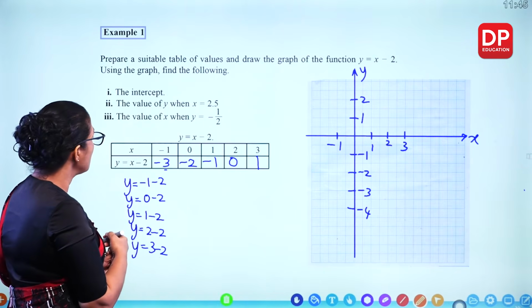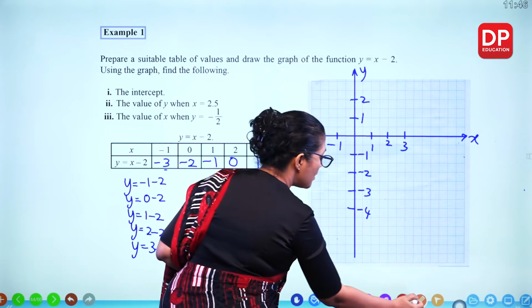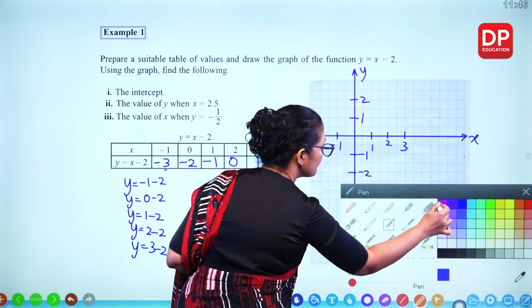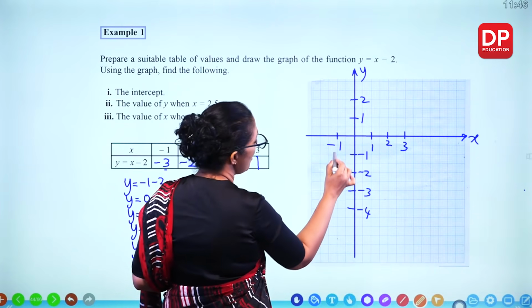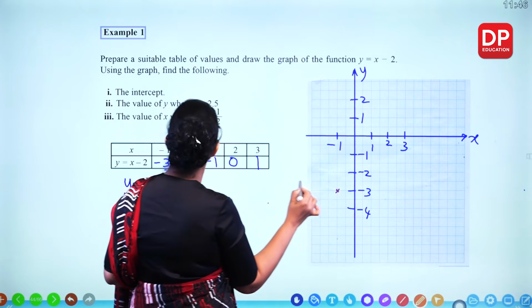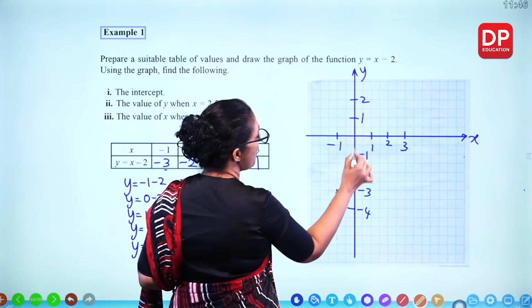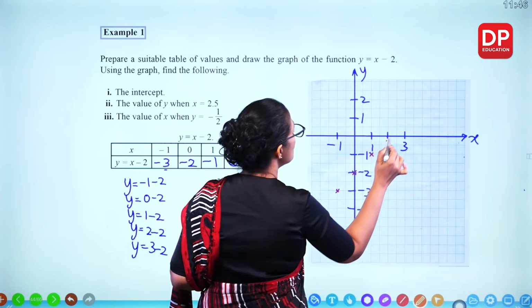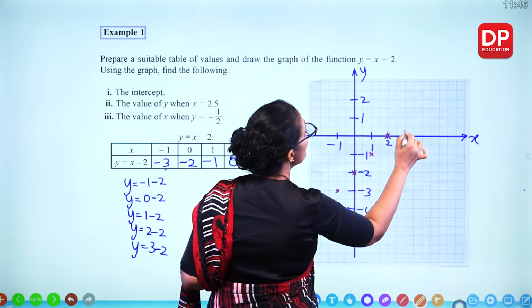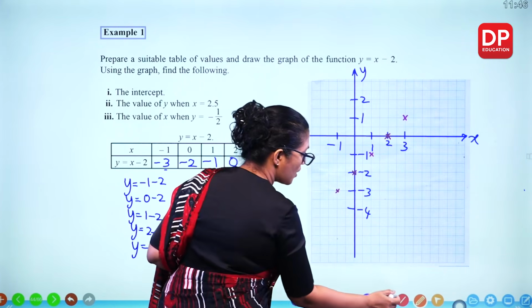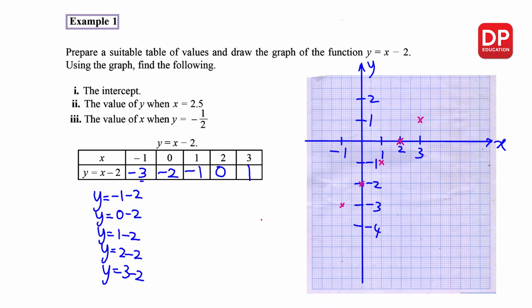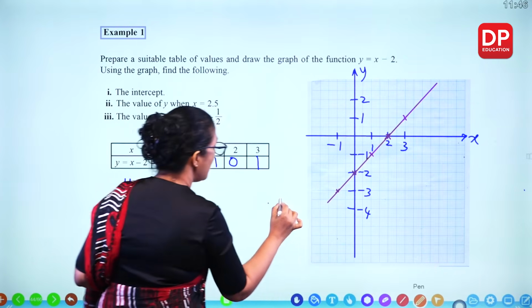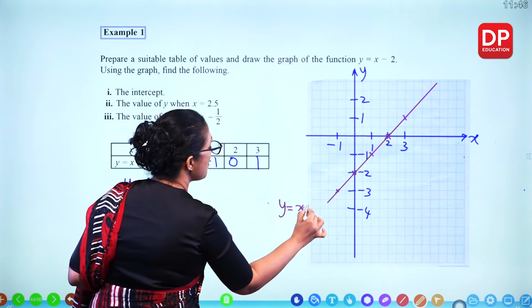Now we can mark the points. -1, -3. 0, -2. 1, -1, 2, 0, 3, 1. Now connect all the points. You get a straight line like this. What's the straight line? Y equals x minus 2.